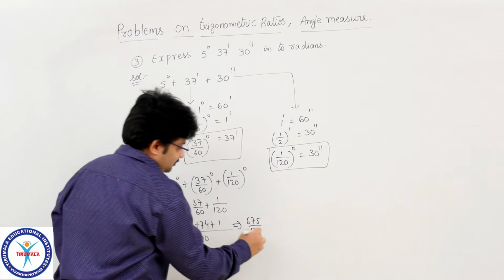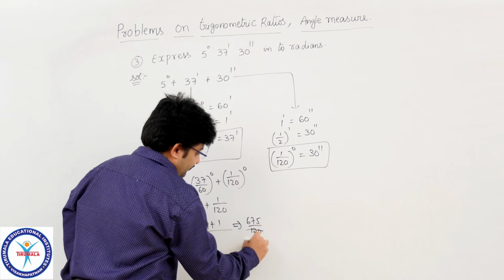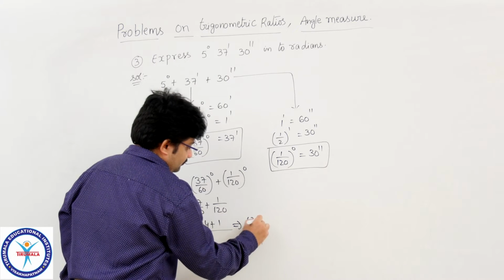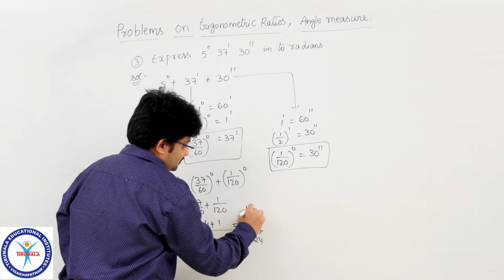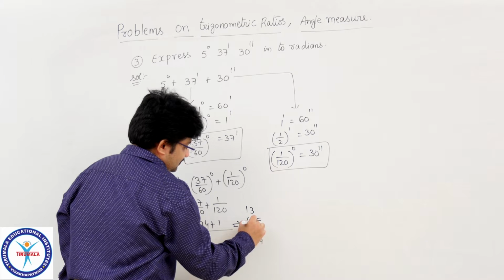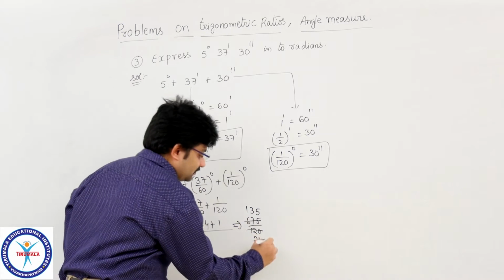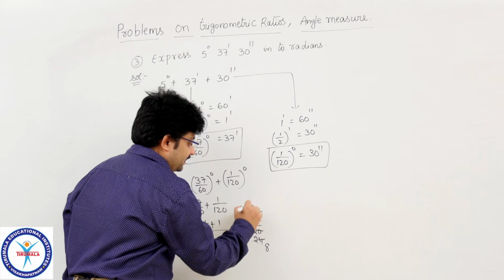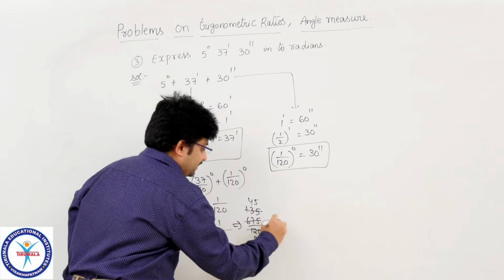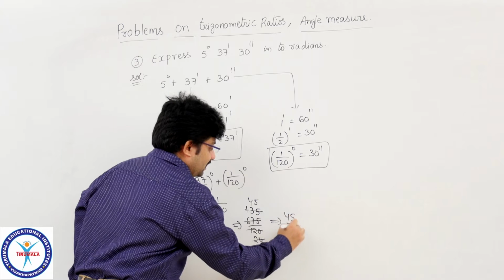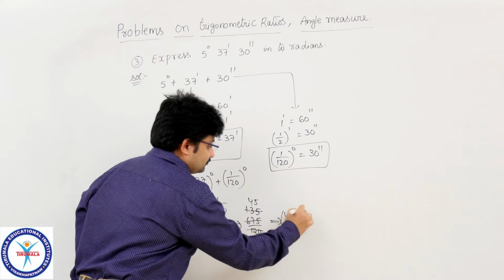Cancelling this, 5 2's are 10, 5 4's, 5 1's, 5 3's, 5 5's. Cancelling this with the 3 table, 3 8's and 3 45, that is 45 by 8 degrees.